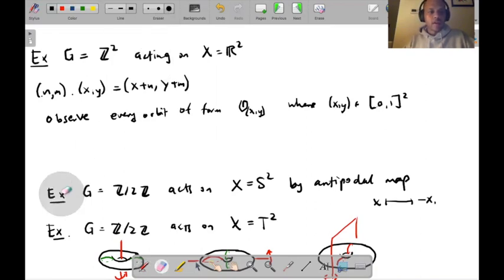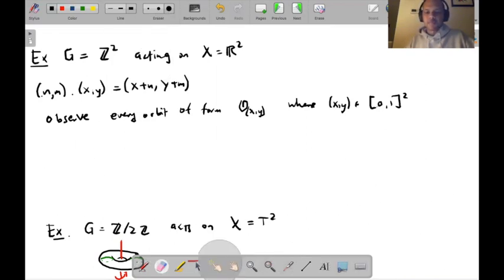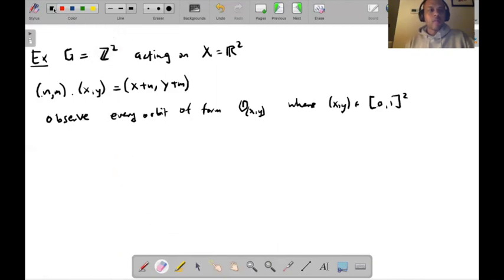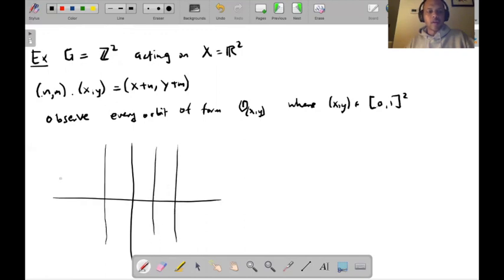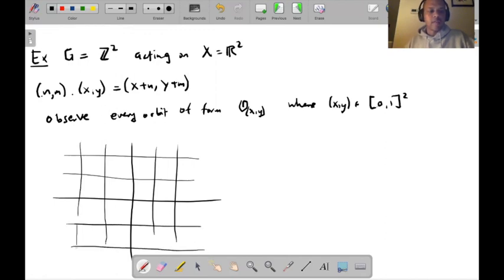The reasoning here is that the plane has the integer lattice, and the action of Z squared preserves this lattice.